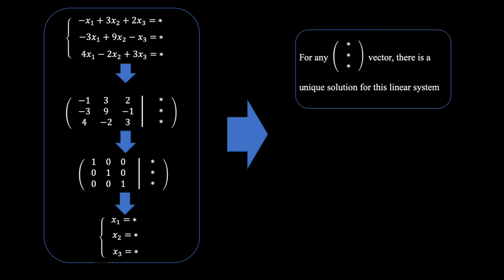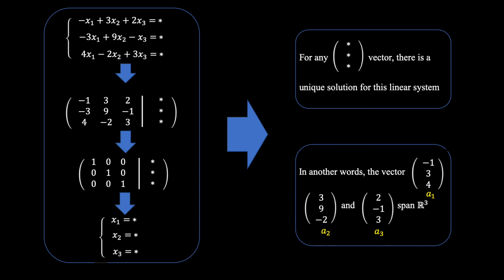In other words, an arbitrary vector b can be expressed as a linear combination of the vectors a1, a2, and a3. In this case, we say a1, a2, and a3 span a three-dimensional space.